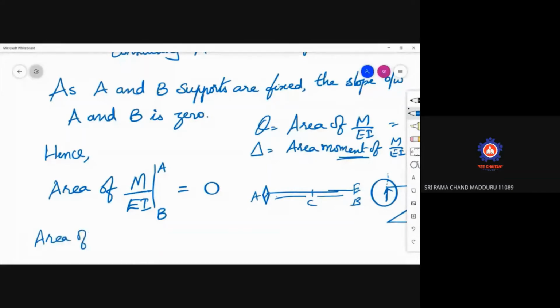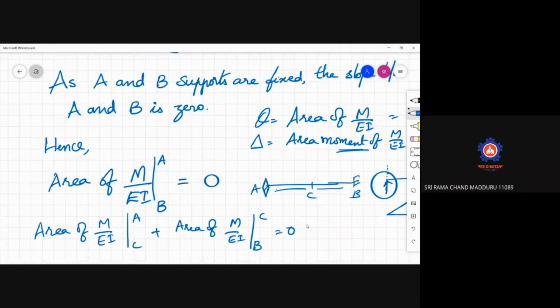So I will write this as the area of M by EI corresponding to A to C plus the area of M by EI corresponding to C to B is equal to 0.